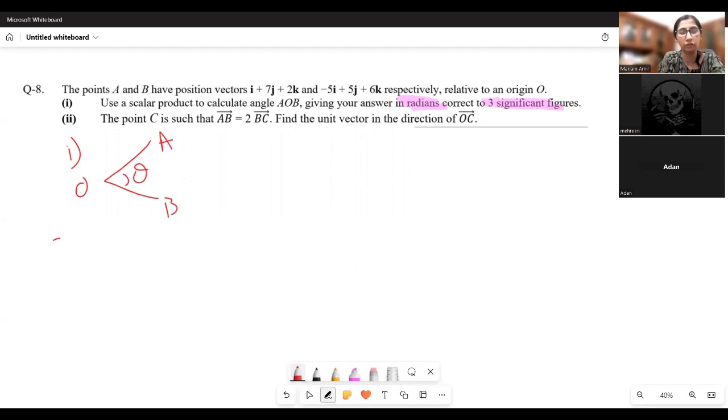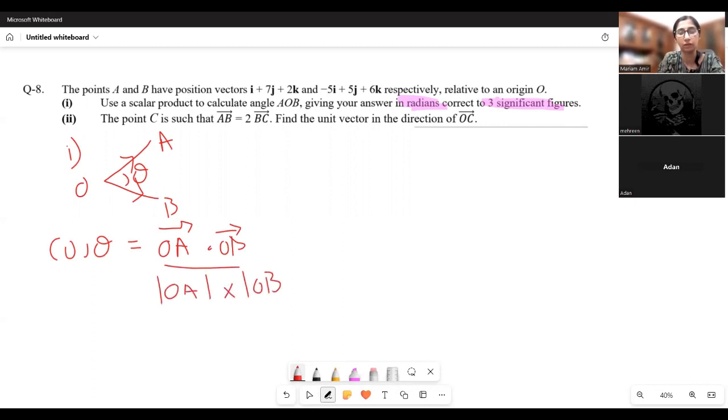So the formula is going to be cos theta equals OA dot OB, divided by magnitude of OA times magnitude of OB.